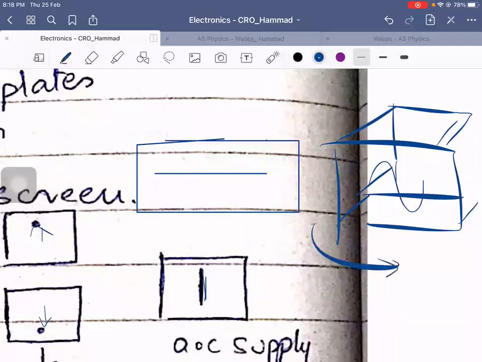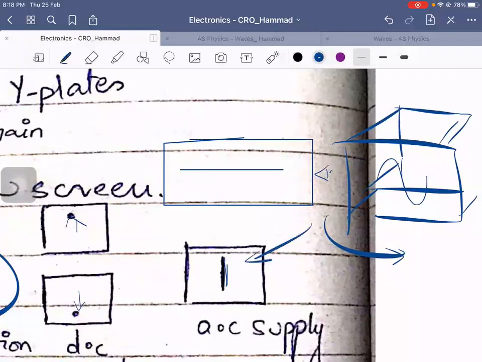If I were to rotate the screen and view from, let's say, this side, don't you think you would notice somewhat a line like this? That is why it's in the upward and downward direction.